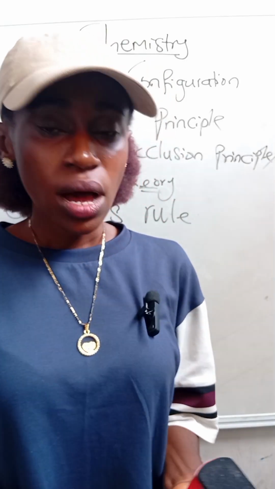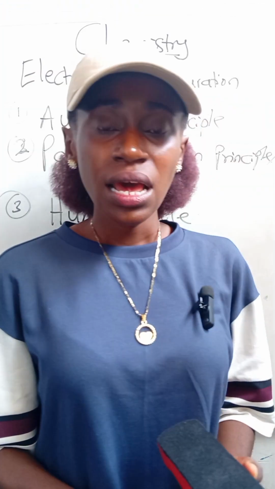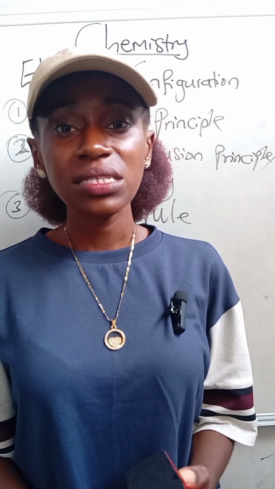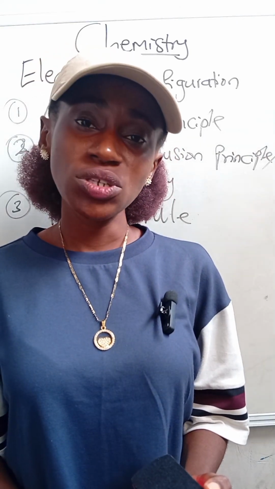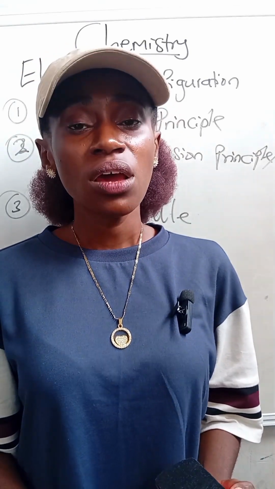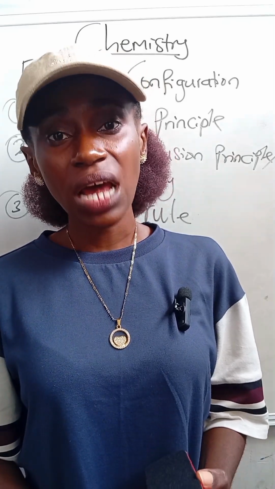So I go again. Electron configuration is defined as the distribution or arrangement of electrons around the orbital of an atom.